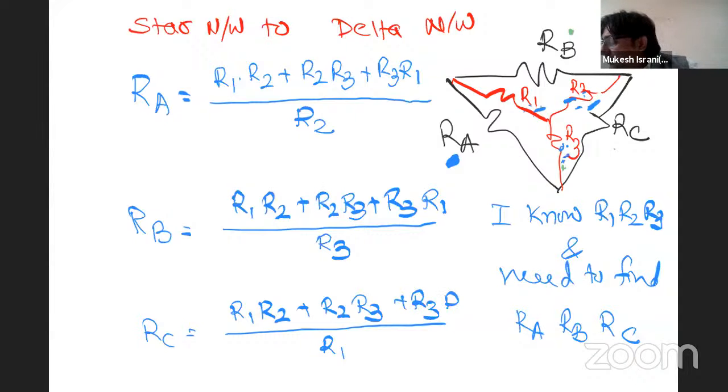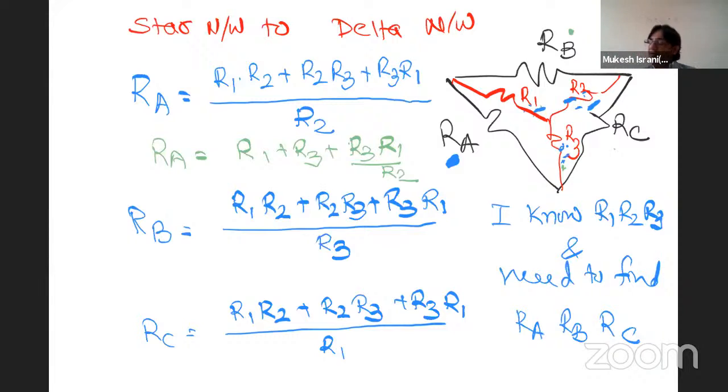Now somewhere you'll also see this answer as RA equal to R1 plus R3 plus R3 R1 upon R2. What has been done is we have divided by R2, so the first one becomes R1, the second one becomes R3, the third one becomes R3 R1 by R2. But I like this one better. Why?